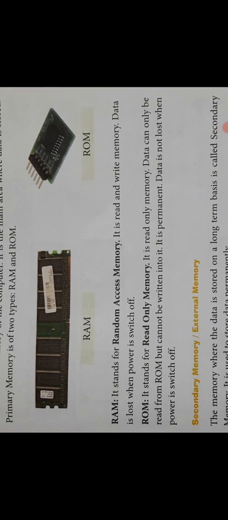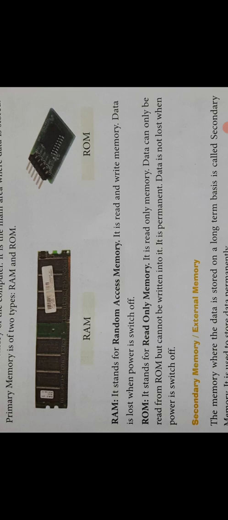So it is permanent. Data is not lost when power is switched off. In RAM, if power is switched off, we lose the data. But in ROM, if power is switched off, data is not lost.